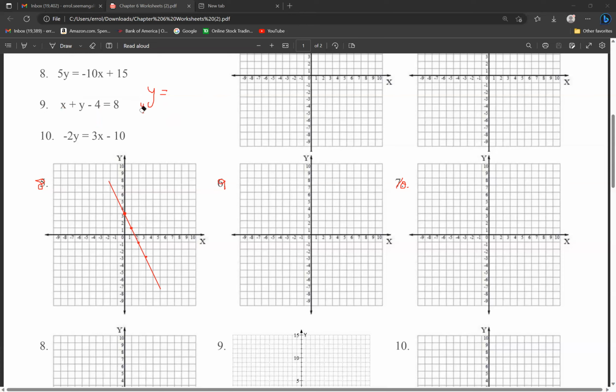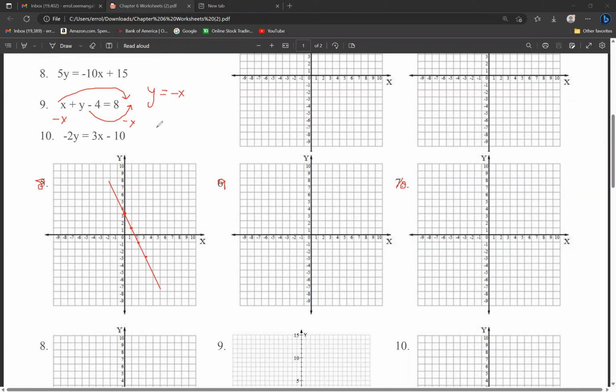So what we want to do is solve this for y. In other words, we want to take the x to that side, and we want to take the negative 4 to that side. So what's y going to equal? If you subtract x on both sides, it's just going to be minus x on this side.